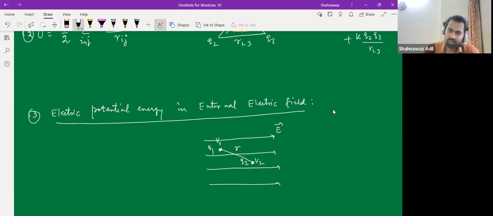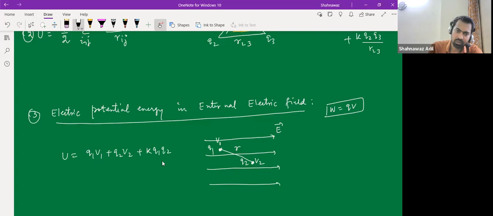So we know that work done is QV. So the potential energy would be due to this potential, and this potential, and the interaction between these two charges. So I will just directly write the formula. This would be simply Q1 V1 plus Q2 V2, plus the interaction K Q1 Q2 by R. So just remember this.